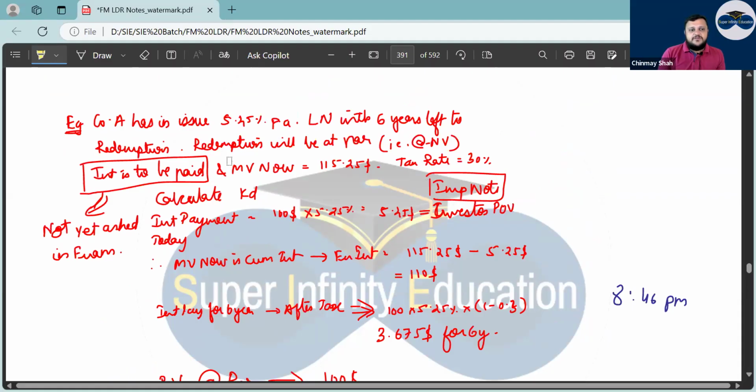And interest is to be paid, and the market value now is... Ex-interest and cum-interest has still not been asked in the exam, but you never know when it will be asked, right? So interest is to be paid means it's shortly going to be paid. So will it become cum-interest or ex-interest? It will become cum-interest. Remember this. This question is not there in any book. I have taken this question from the CA Inter book.